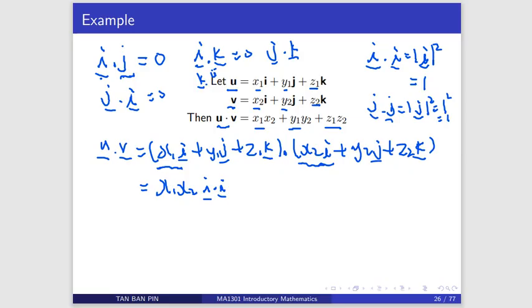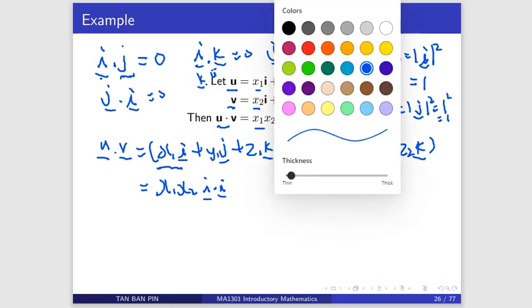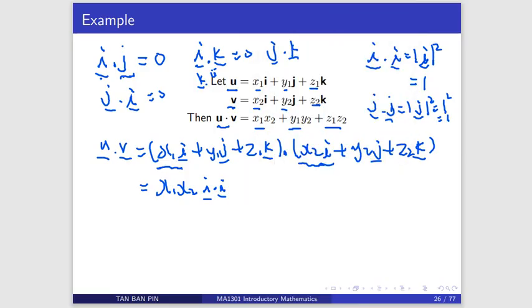Then x1 i dot with y2 j is 0. x1 i dot with z2 k is also 0, because they are at right angle. And for that reason, you're just left with y1 y2 j dot j, plus z1 z2 k dot k.